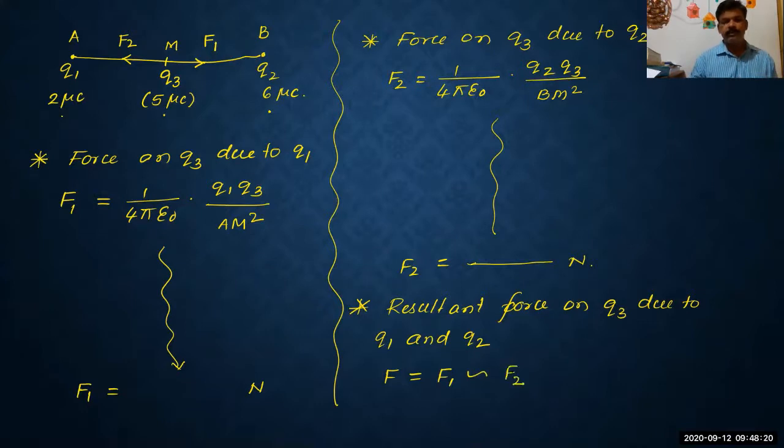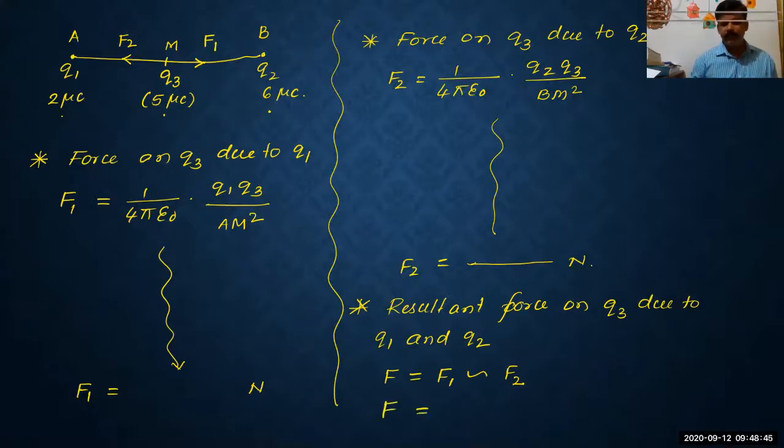See which force is more. I think the force due to the charge at B will be more because its magnitude is more. It is 6 microcoulomb, whereas Q1 is 2 microcoulomb. So the force due to Q2 will be more, hence it will be F2 minus F1. That's why I have written a different sign.